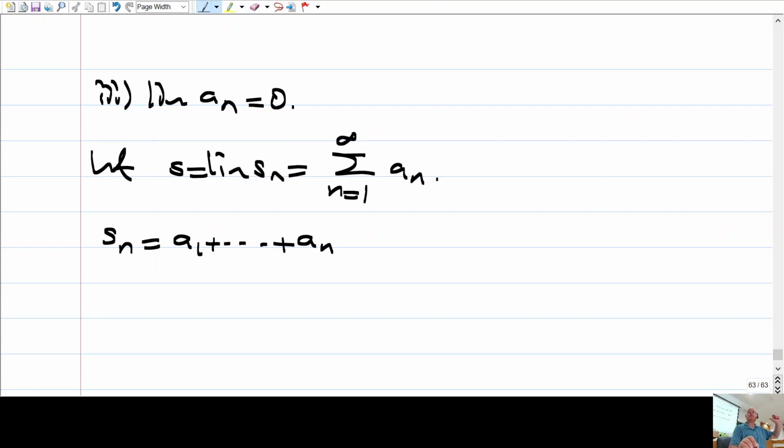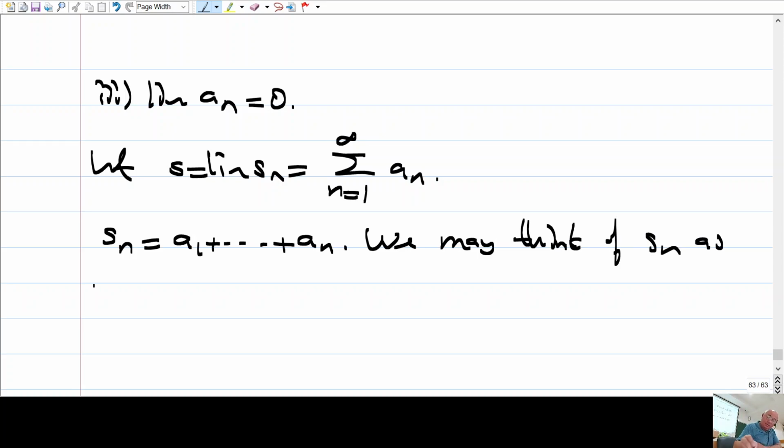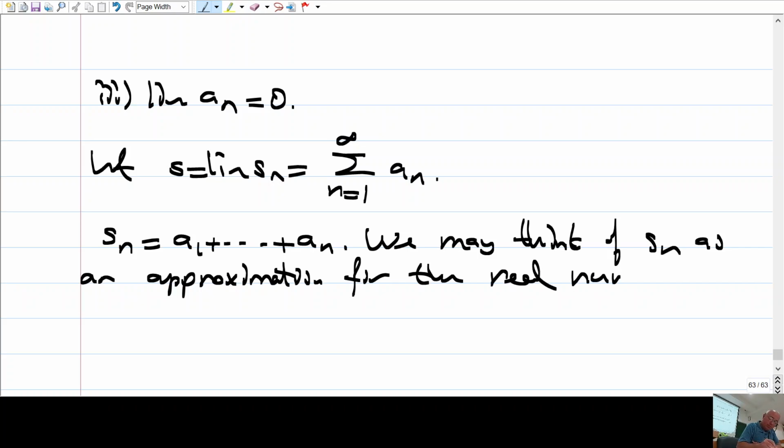Sn can be thought of as an approximation or estimate for the real number S.